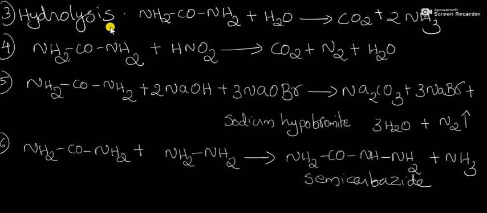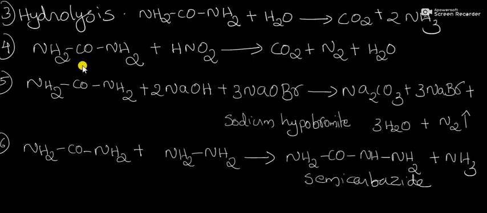Upon heating with dilute acids or dilute alkali, urea gets hydrolyzed into carbon dioxide and ammonia. And this hydrolysis can also be achieved by the enzyme urease that we will discuss later.